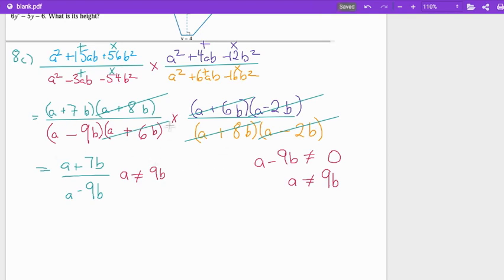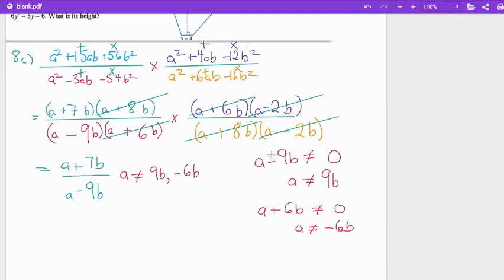In this case, there are many values, and so for this, we just find formulas. I've got a plus 6b cannot be equal to 0. That means that a cannot be equal to negative 6b. There's another one.